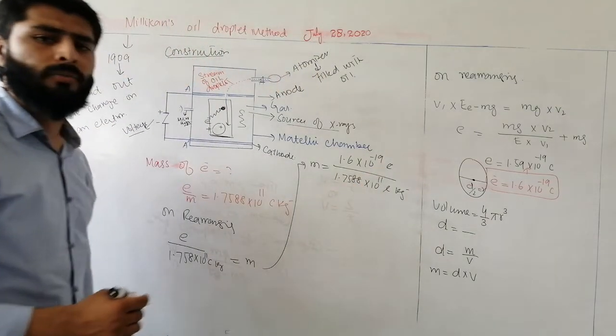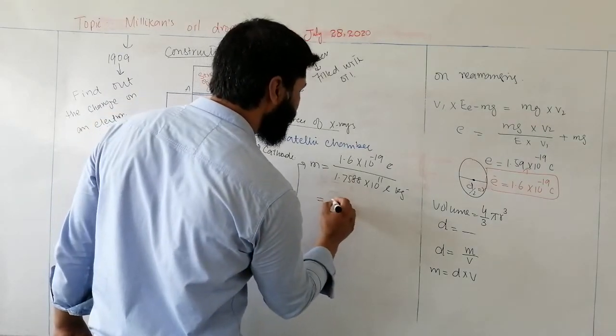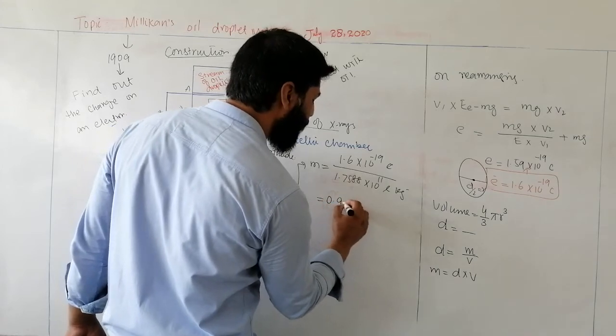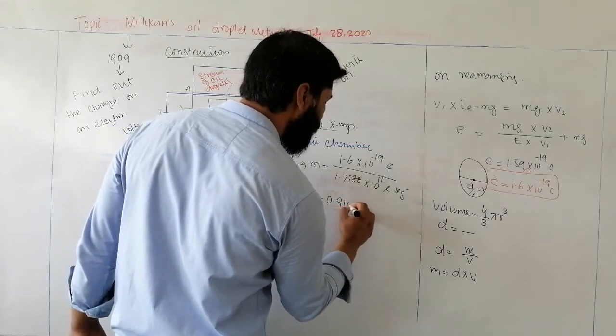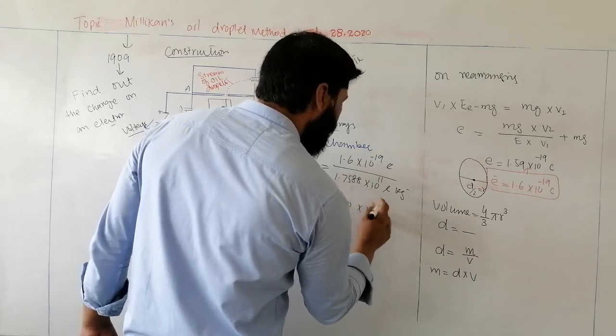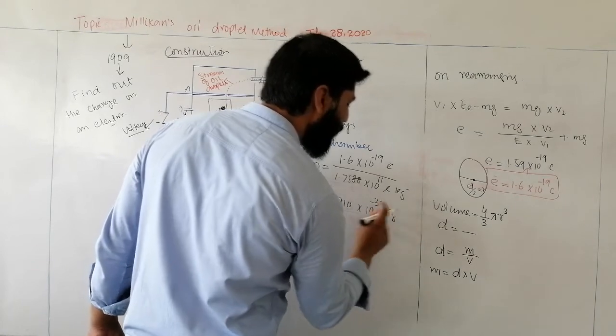Coulomb will be cancelled out with coulomb. Now by dividing this we will get 0.910 multiplied by 10 raised to the power minus 30 kilogram.